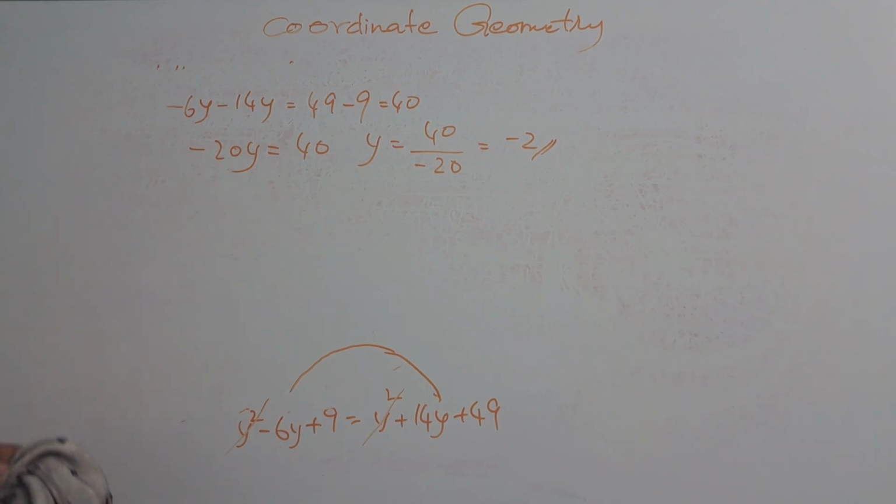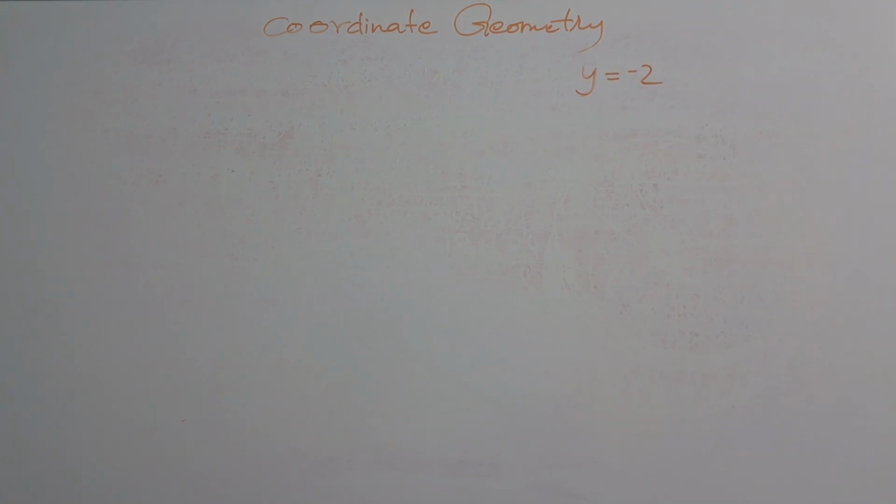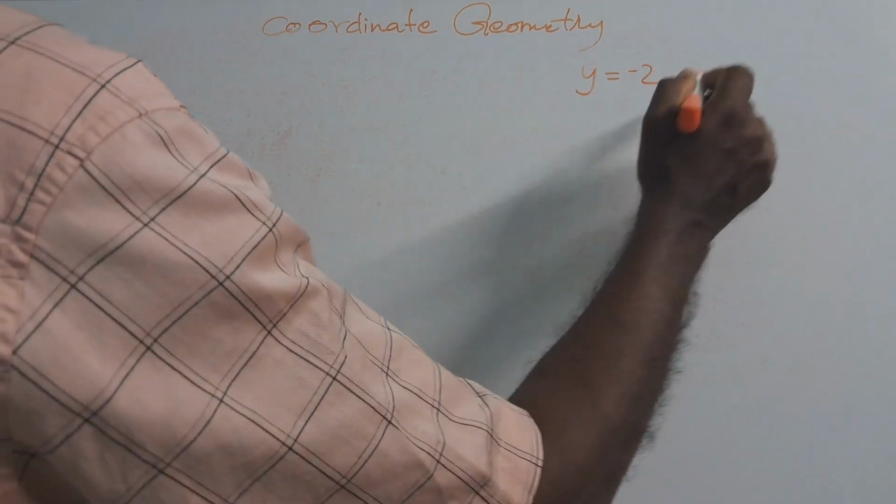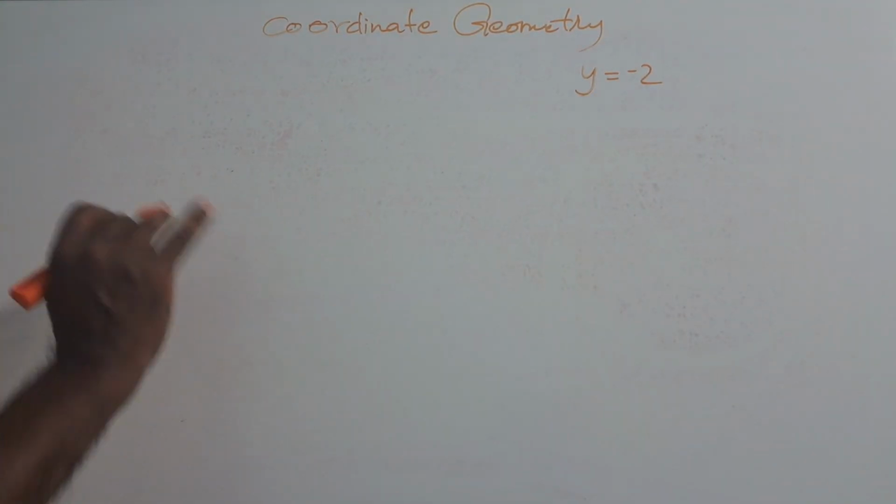We need one more equation. Now we have y is equal to minus 2. This is one equation. We need one more equation.